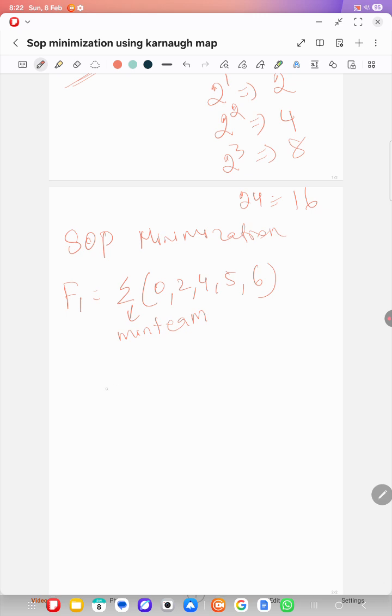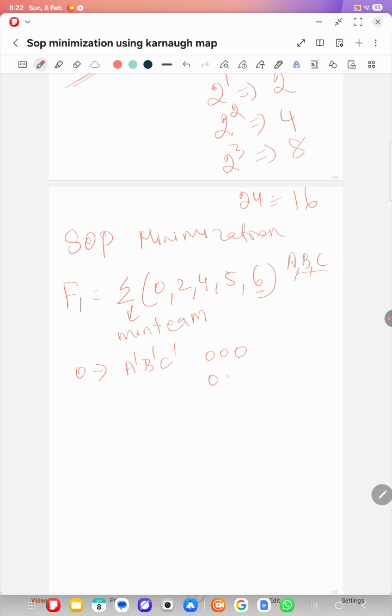So what is this 0? What is the highest number here? 6. To represent this you need 3 bits, so 3 variables are needed. Let them be A, B, C. For 0 it is A dash, B dash, C dash, with binary equivalent 000.